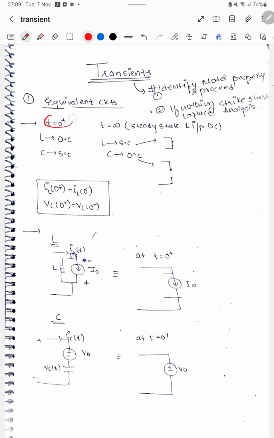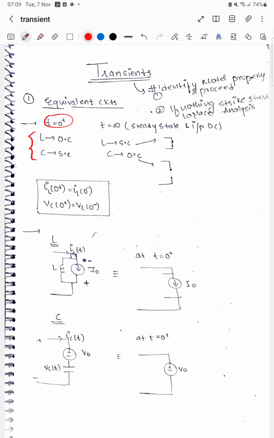Now at t equals 0 minus, let's say assuming the inductor is getting charged for a very long time, it will be in steady state, right?